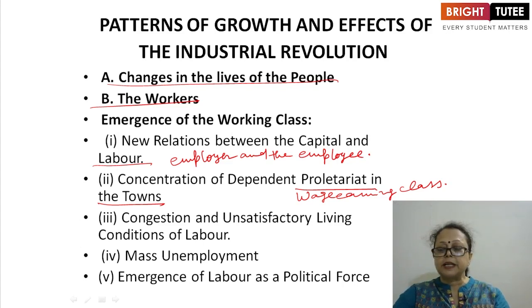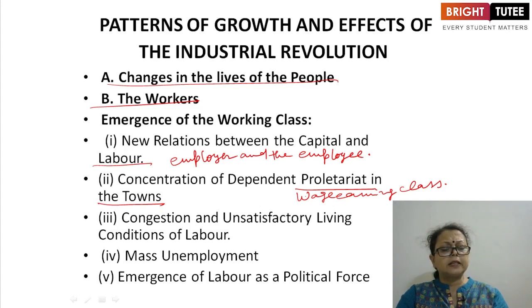So, this term proletariat has been used in the chapter. Concentration of dependent proletariat in towns. The factory system resulted in the migration of population from small agricultural villages to cities in search of jobs. A large working class, propertyless, landless laborers. They were illiterate.